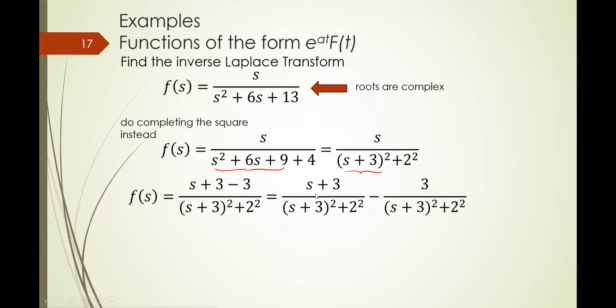So basically, you apply the shifting theorem here. It's in the form of what? Cosine or sine? So let's write. If your f of t is equal to cosine of kt, it's s over s squared plus k squared. If your f of t is sine of kt, it's k over s squared plus k squared.